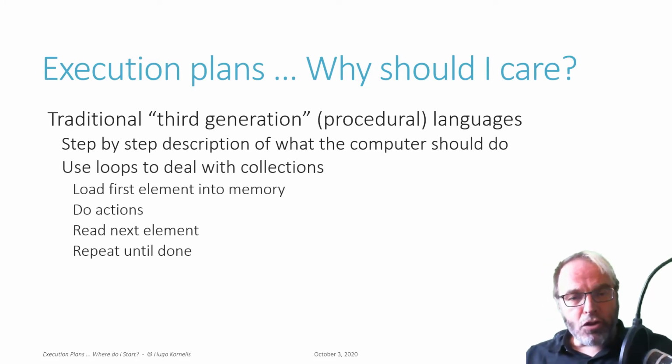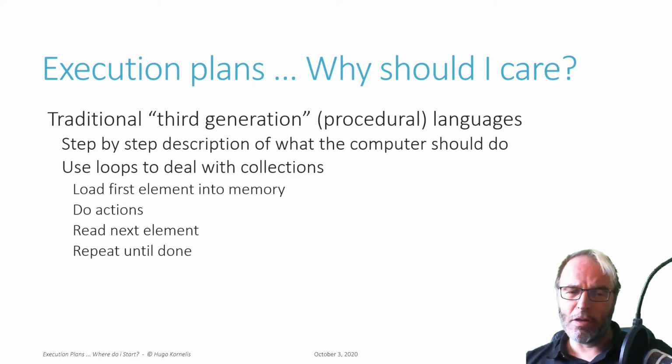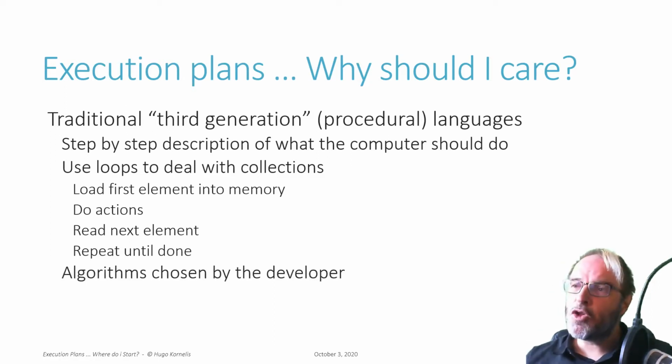Because computers are best at doing the same task over and over very fast, those programming language, the third generation code often has to deal with large collections of data and just do the same thing over and over in something called a loop. And how those loops are built and how multiple loops interact, that's often where a developer can make choices.